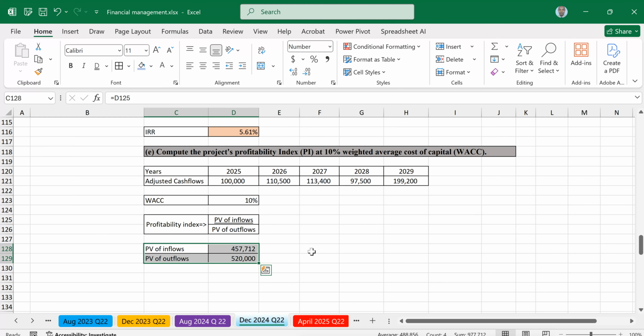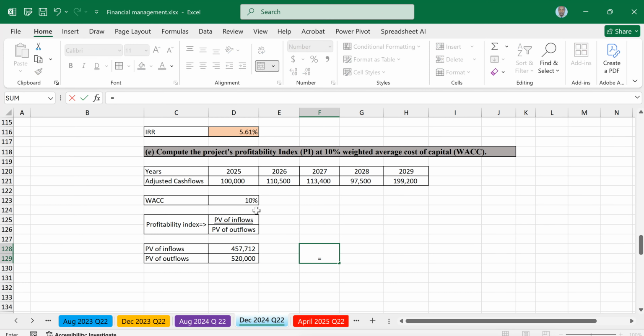Remember, for outflows, it is at year 0. And if you get the present value interest factor at year 0, it is always 1. Then 1 times the amount returns the same amount, which is 520. That therefore tells you that our PI is equal sign 457, divided by 520.